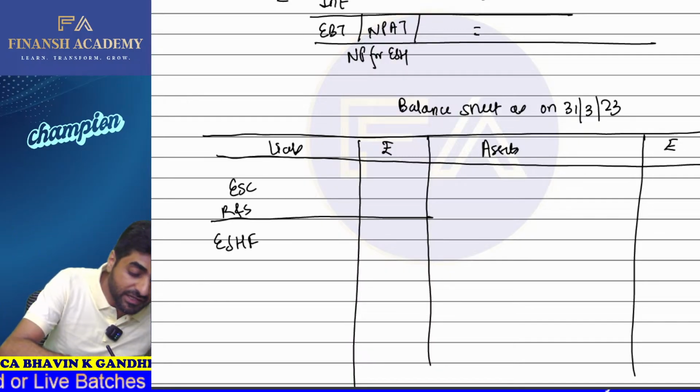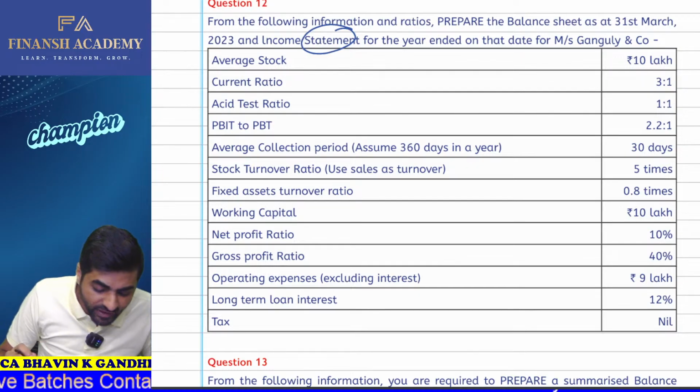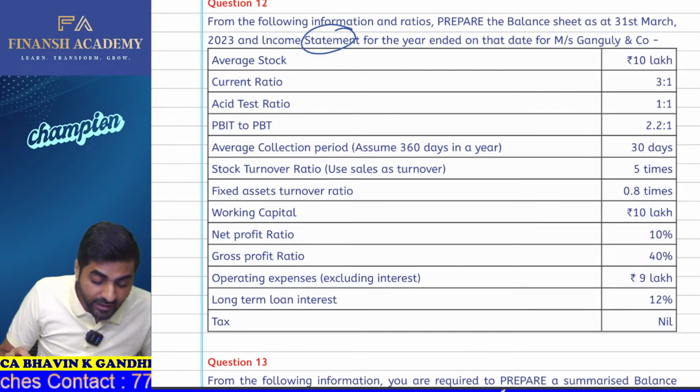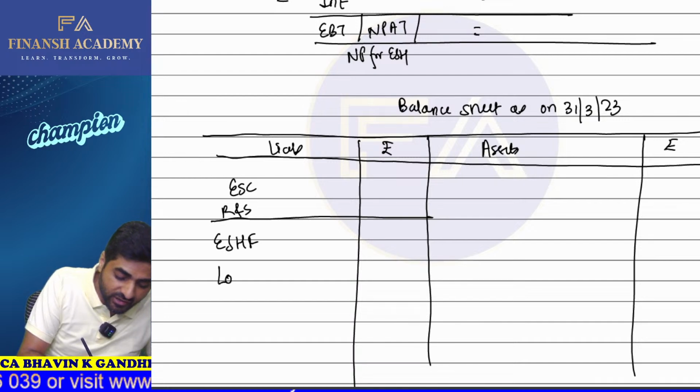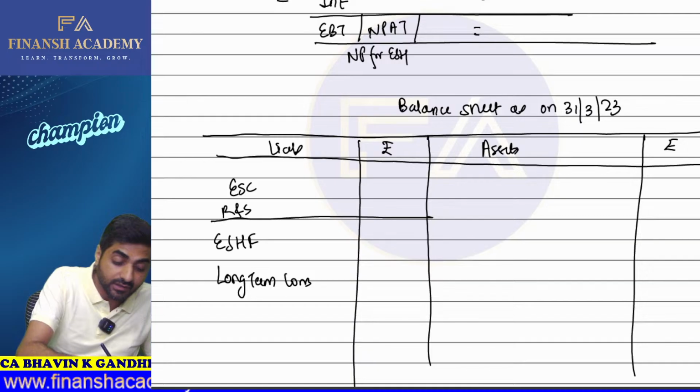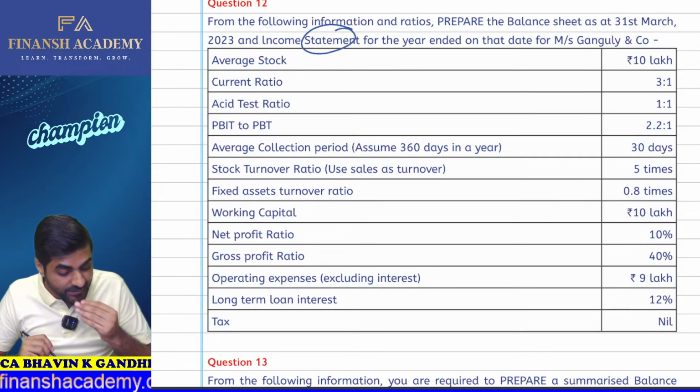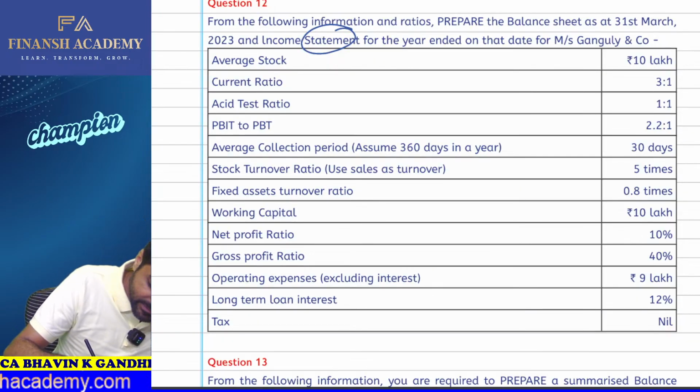And then after that, my dear students, do we have any debt? Just check. Do we have any debt in this particular capital structure? See, if there is any long-term loan interest, so there has to be debt. So I'll write down your long-term loans. And then, my dear students, we'll simply write down the current liabilities.